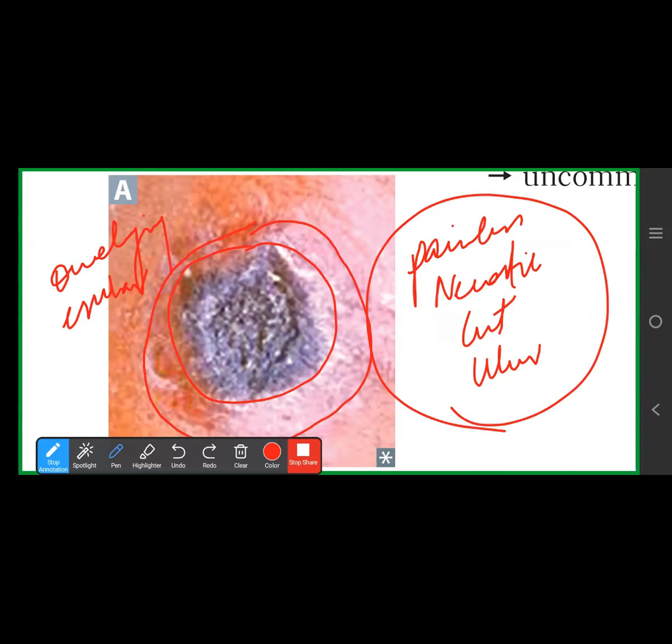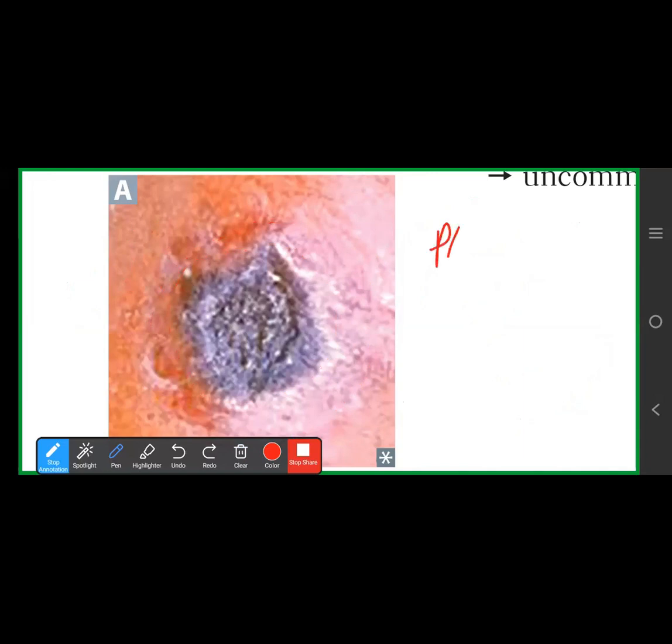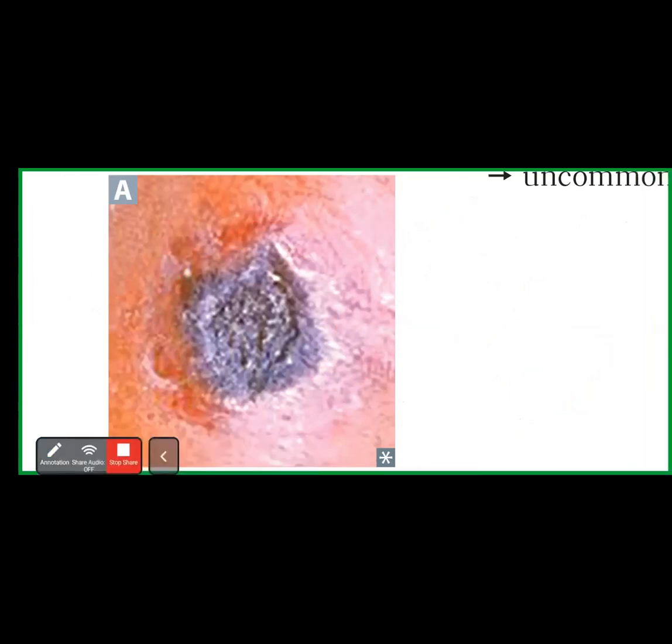Now, what are the virulence factors of Bacillus anthracis that you have to remember? The virulence factors are protective antigen (PA), edema factor (EF), and lethal factor (LF). What is important is that the protective antigen and the edema factor form the edema toxin. So what is the edema toxin going to do?